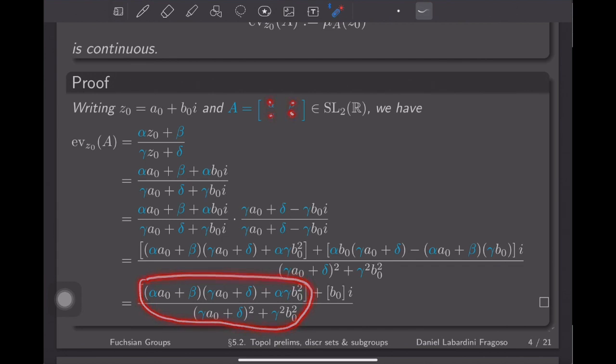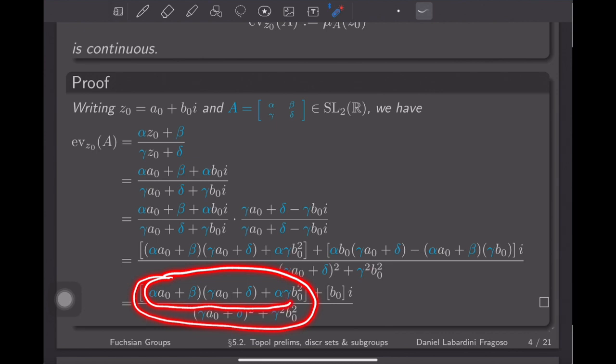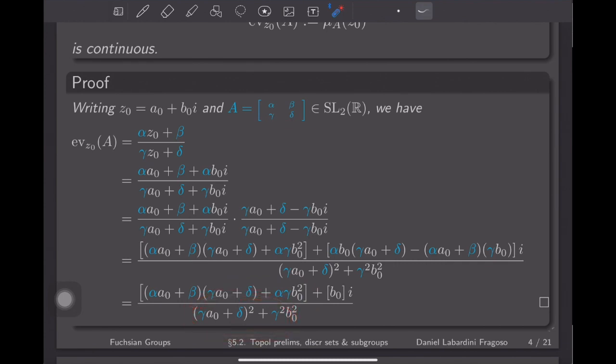Where z0 is fixed, so all these a0, b0 are constants. So this really is a polynomial of degree 2 in these real variables divided by a certain polynomial of degree 2 in those same variables, and the denominator never vanishes, right? And that's the real part, and the imaginary part is similar, and actually even simpler, because this is just constant. This is the constant b0.